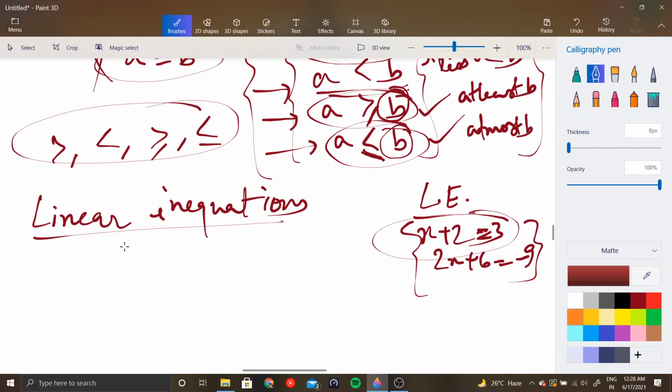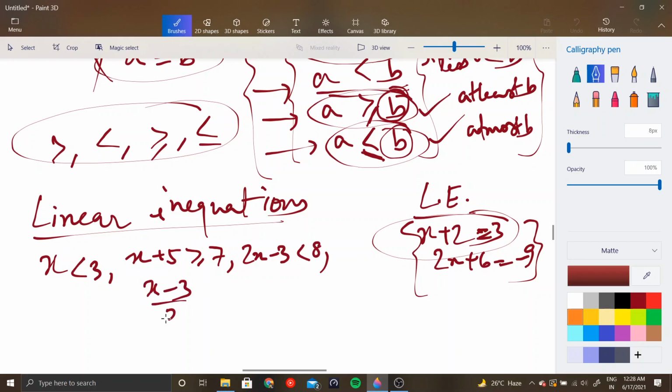But in this case the forms will be like this: x is less than 3, x plus 5 is at least greater than 7, 2x minus 3 is less than 8. Suppose (x minus 3) by 2 is less than 2x plus 1. These are basically the forms where you are not definitive about a thing but you are specifically providing a range.